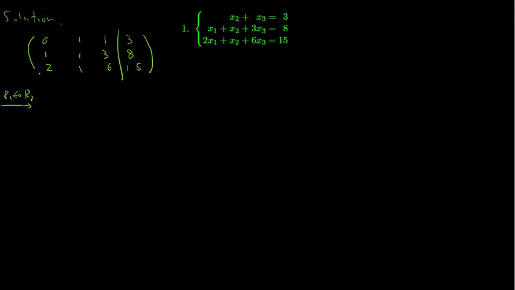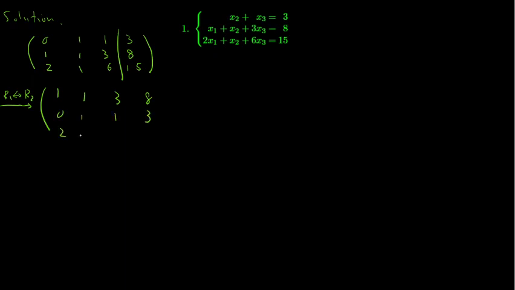The first step is to make a leading one of row 1. The first row now becomes 1, 1, 3, 8. The second row is 0, 1, 1, 3. The third row is not changed.